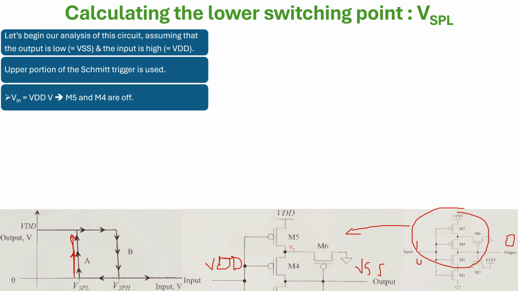Output is at VSS. Because this is at VDD, see what is VSG of it: VSG of it is 0, VDD minus VDD is 0, and of this also very close to 0. We'll see later what exactly. Naturally M5 and M4 are turned off.